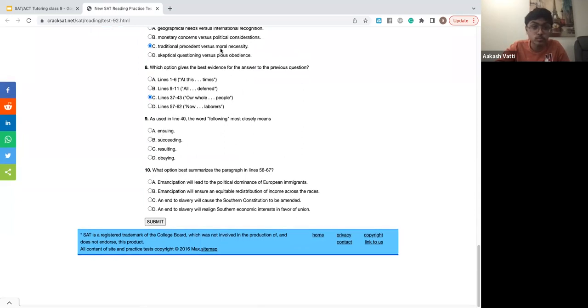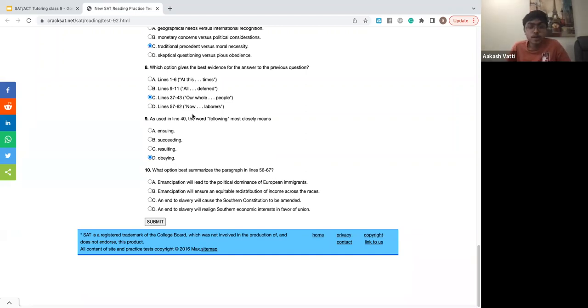And ensuing, nope, that doesn't sound like obedience. Succeeding, again, no, that really doesn't fit in that scenario. Resulting, no. And obeying, that sounds like obedience. Another way of doing this question would be to replace the answer choices with the word following, line 40, and check whichever one works the best. However, you could do it the way I did, just see what words come to your mind when you look at that. That would also work, and then check whichever answer choice matches it the best.